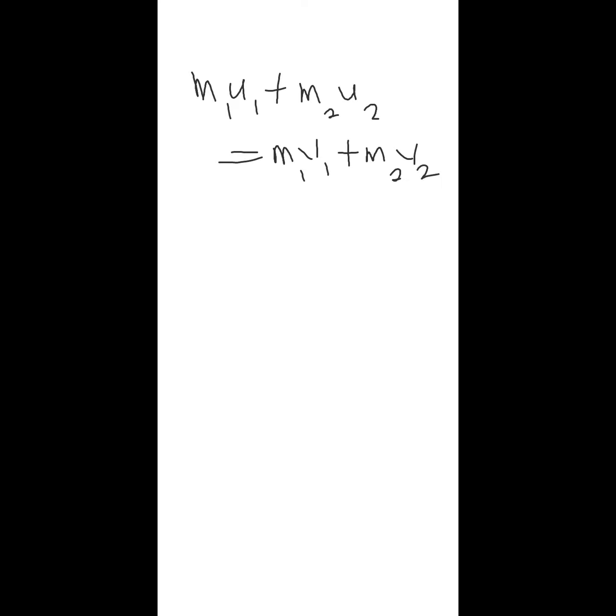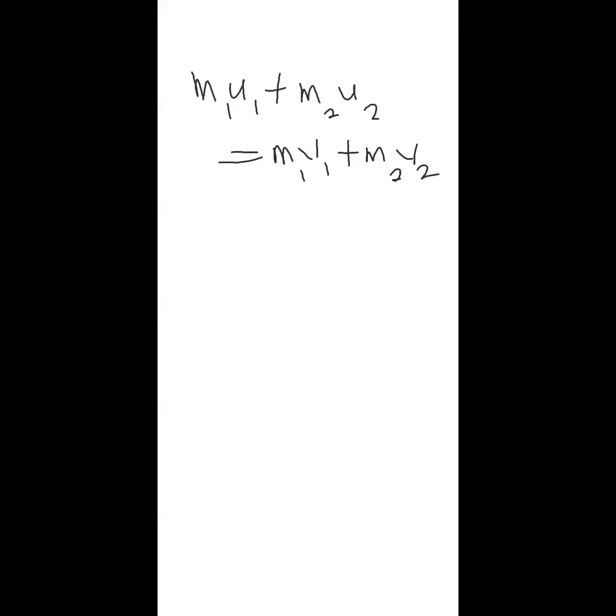You understand that M1 and M2 will move with different velocities. M1 will move with a final velocity, another velocity, because of the change. So you have this for objects that once they collide, they move with different velocities.